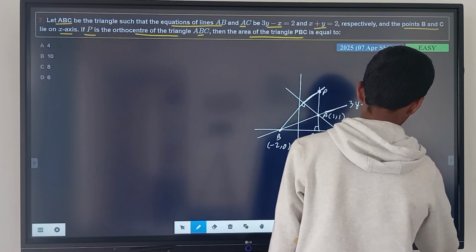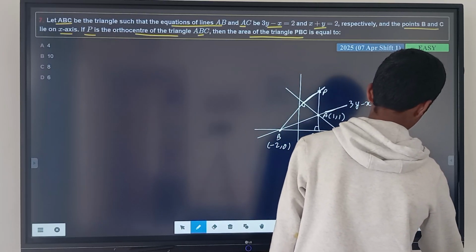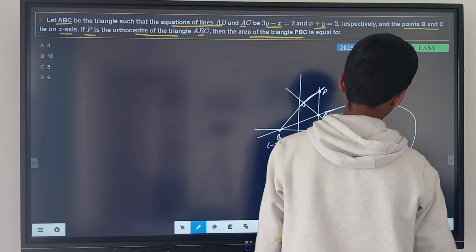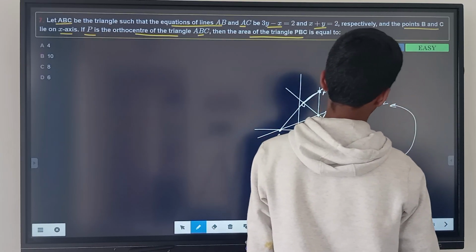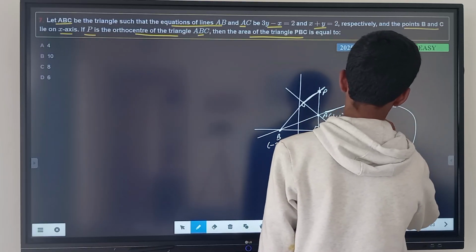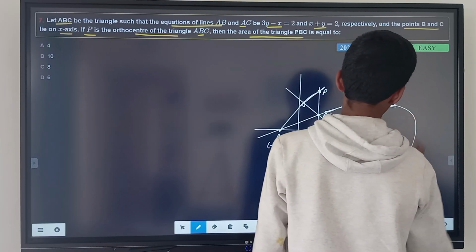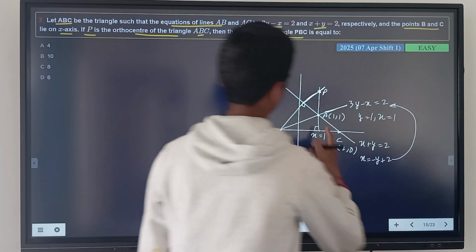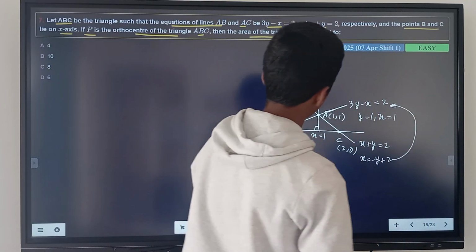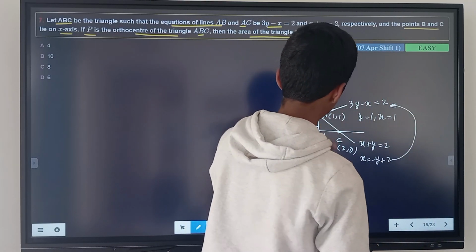From here, x is equal to minus y plus 2. Substituting in this line, we will get 4y is equal to 4, y is equal to 1. If y is equal to 1, our x is also equal to 1.